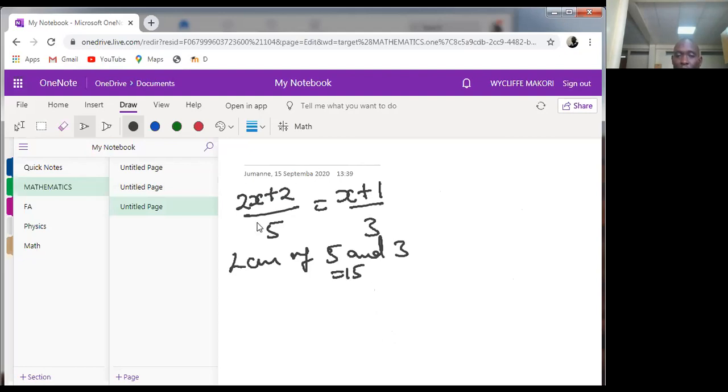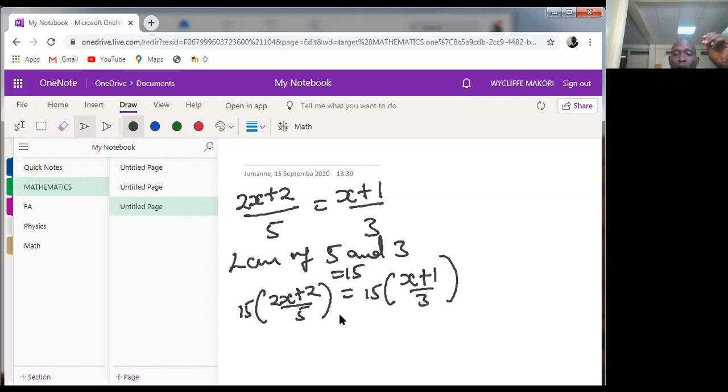Then multiply everywhere by 15, both the left-hand side and the right-hand side. So we are going to have 15 into 2x plus 2 over 5 is equal to 15 into x plus 1 over 3. Then 5 will go into 15 3 times, and 3 will go into 15 5 times. So we are going to have 3 into 2x plus 2 is equal to 5 into x plus 1. And actually, we have removed the fractions.